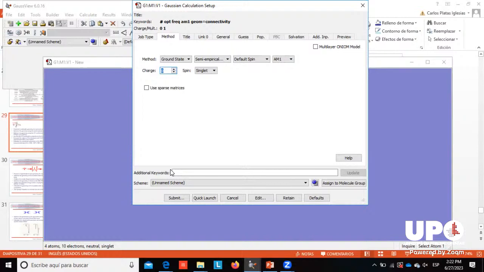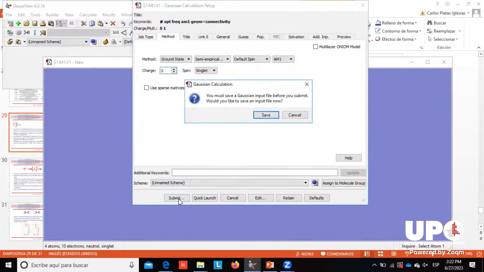So this is what the program is using to try to find the minimum energy structure, or at least a local minimum. And then we should always check calculating second derivatives, so frequencies, that all frequencies are positive, and that means that we are indeed in a local minimum on our potential energy surface, okay?